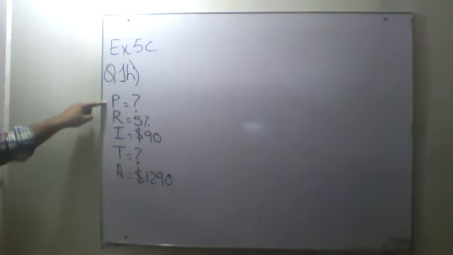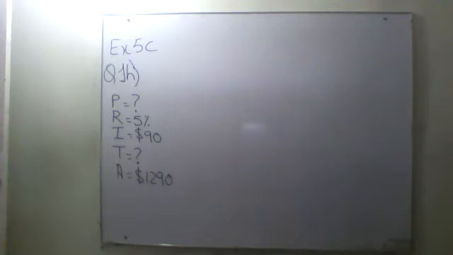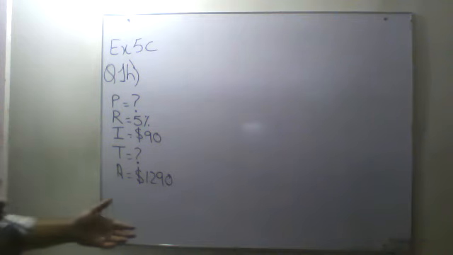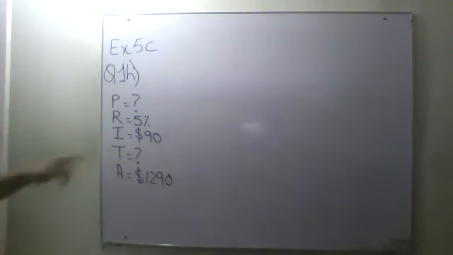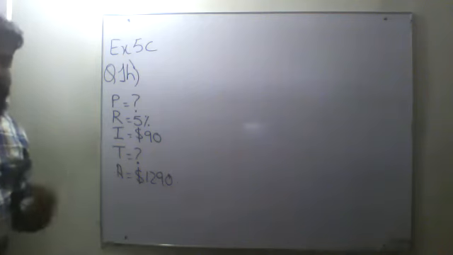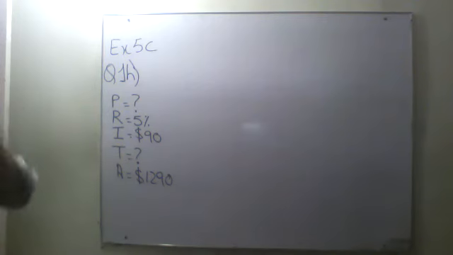Okay. First thing, principal is missing. So I will try to get the value of principal. Two formulas are there for principal. One is I equals to PRT. I can use this one, but the problem is that T is also missing. So I can't use the formula I equals to PRT.